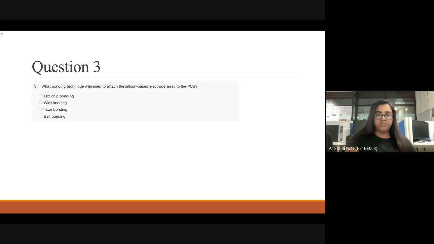First option is the flip chip bonding. Second is the wire bonding. Third is the tape bonding, and fourth is the ball bonding. So what is the right option?